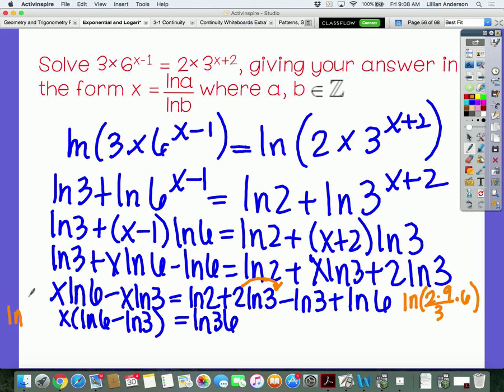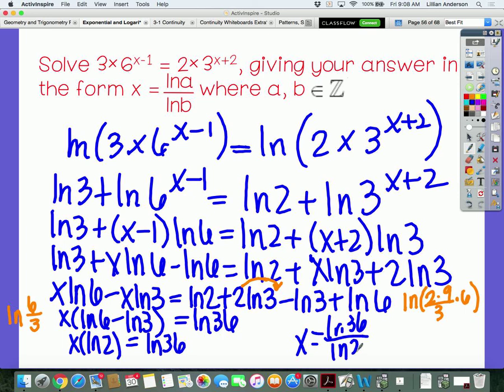So this turns into the ln of 6 divided by 3, which is what? 2. So technically, we're dividing both sides by the ln of 2. So this turns into our final answer of x equals ln of 36 over the ln of 2. All of that turns into that.